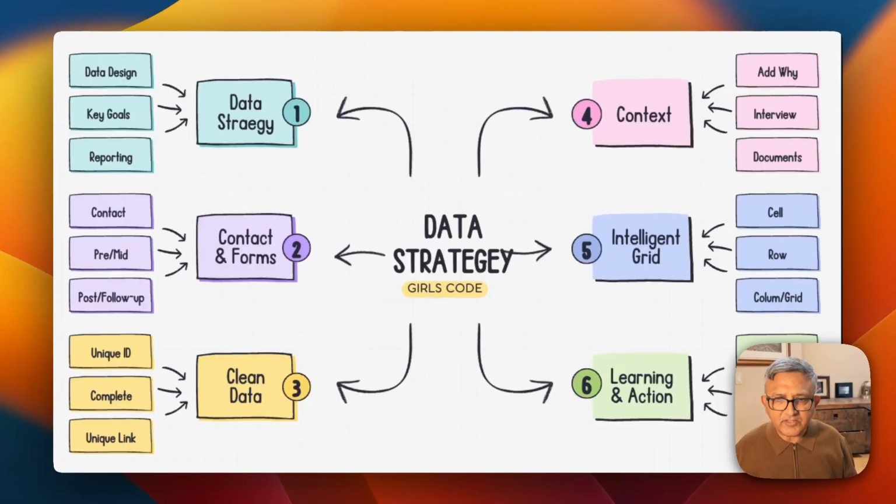As you can see on the screen, there are six stages that you can follow to understand this process, and this process can be applied to practically any number of programs. So let's talk about the key six steps. One is a data strategy, where you think about data design, and it starts with the key goal.